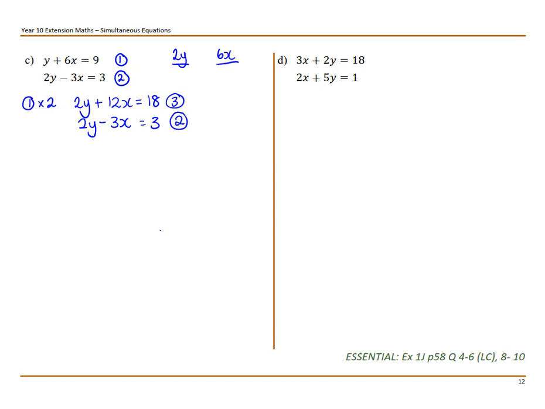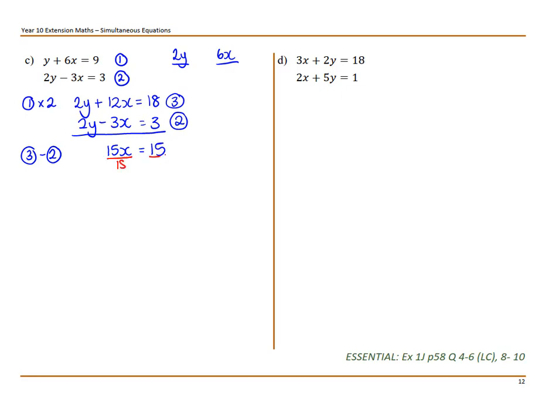They're the two equations I'm dealing with. To eliminate a variable, I'm going to have to subtract. So 3 minus 2. So 2y minus 2y is gone. I now have 12x take negative 3x becomes 12x plus 3x. So that's 15x. 18 take 3 is 15.